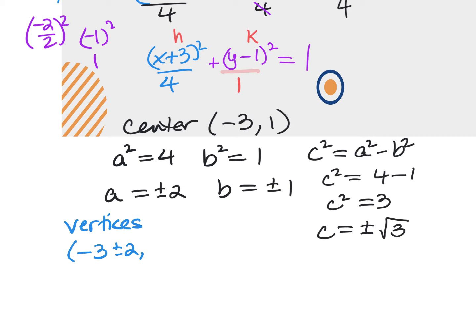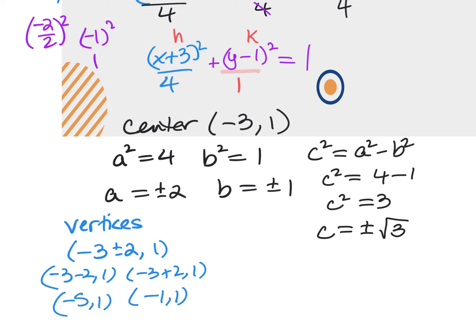And then the center was comma 1. So I have −3 − 2, 1 and −3 + 2, 1, so (−5, 1) and (−1, 1). These are the vertices. Again, same thing that you had to do on the quiz.